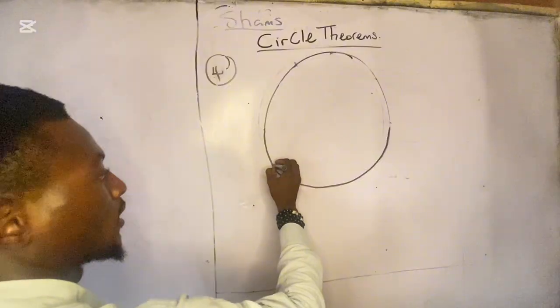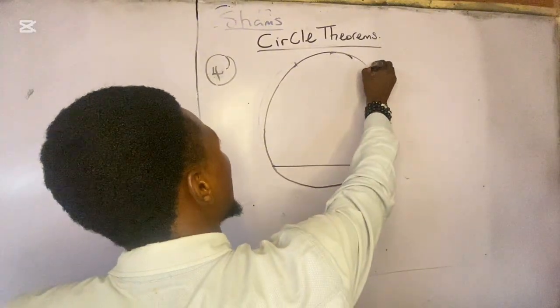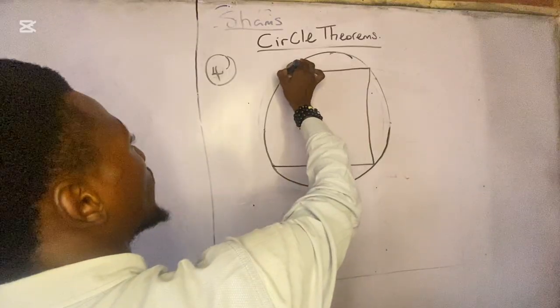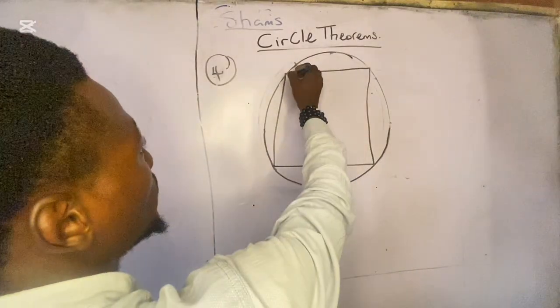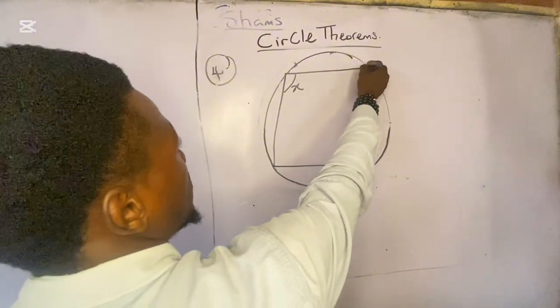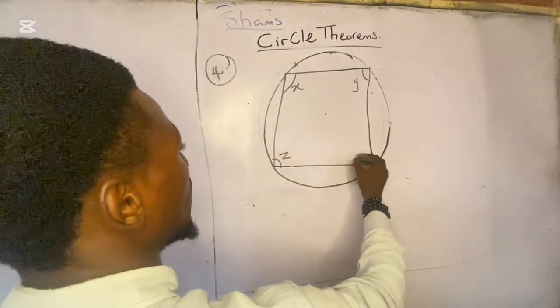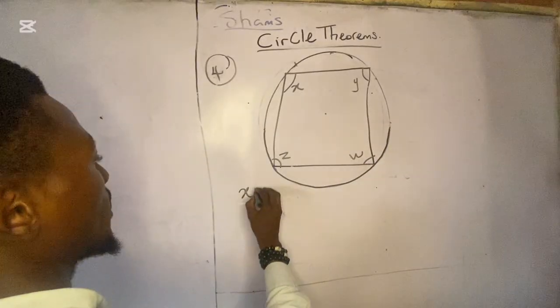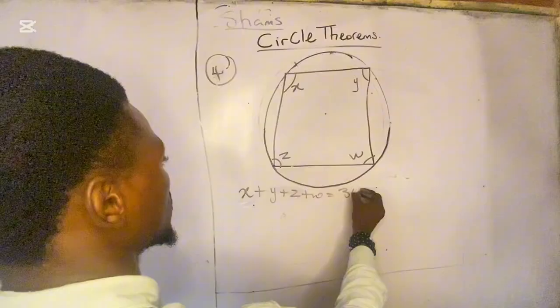Okay, let's move to cyclic quadrilateral. What does cyclic quadrilateral say? Cyclic quadrilateral is saying that the sum of angles in a cyclic quadrilateral sums up to 360, which means if I say here is x, y, z, and this w, that means x plus y plus z plus w equals 360 degrees.